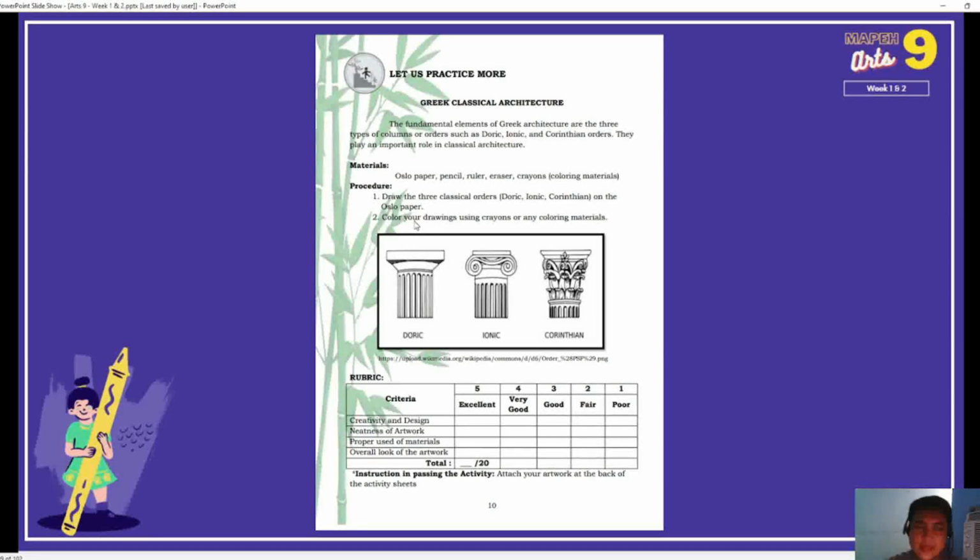Once again, if you don't have Oslo paper, you may use typewriting for this. Color your drawings, use crayons or any coloring materials. For the rubric, so the highest score is 5 points. Creativity and design, neatness of artwork, proper use of materials, overall look of artwork, total of 20 points.